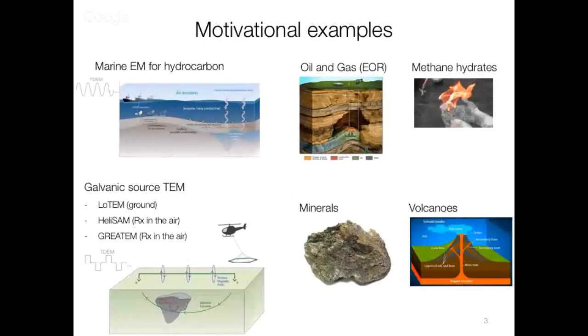So our examples. Why are we interested? CSEM, controlled source EM, is going to be a very big topic over the next decade, because we've got methane hydrates, marine massive sulfides, de-risking for hydrocarbons, and freshwater aquifers under oceans, off the coast.